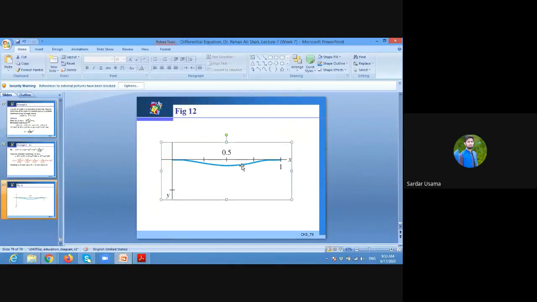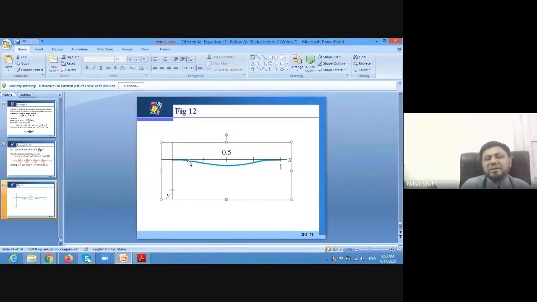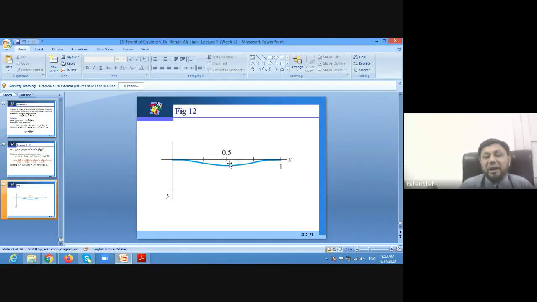As you are moving away from the fixed points where these two ends are fixed, the curvature of the beam increases. So you can see that. Now it depends on length. If L is 2, the bending will increase more and more at the center.